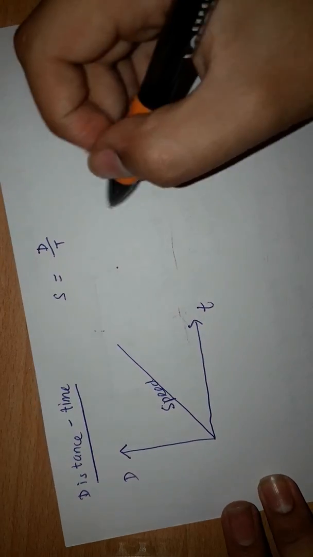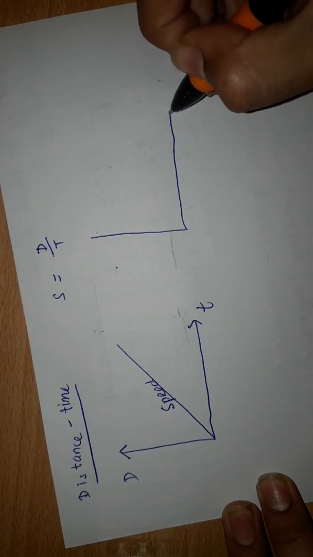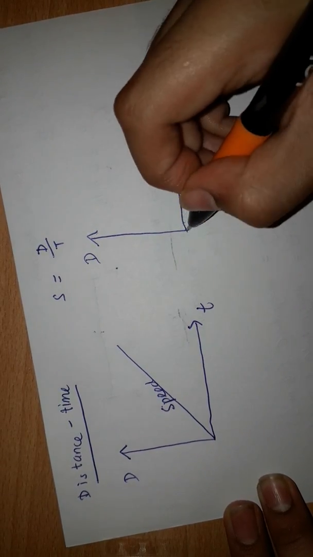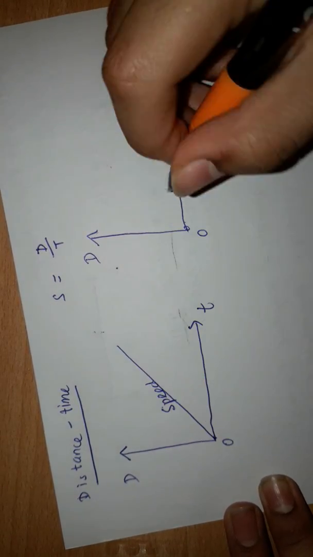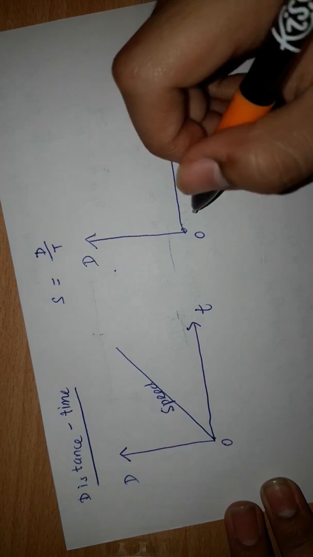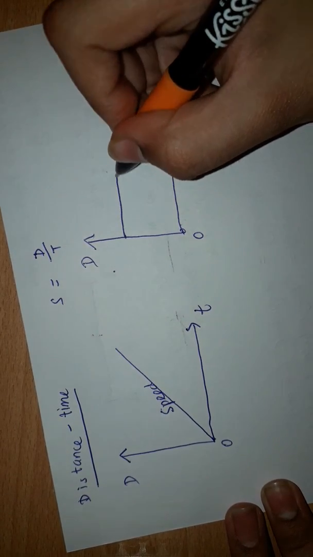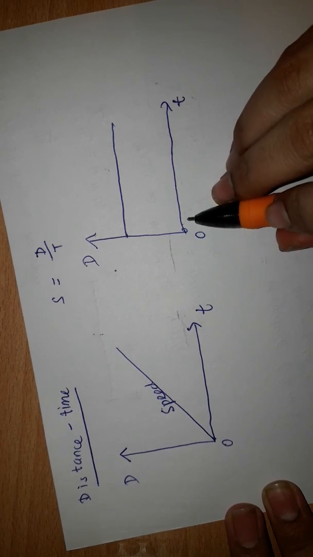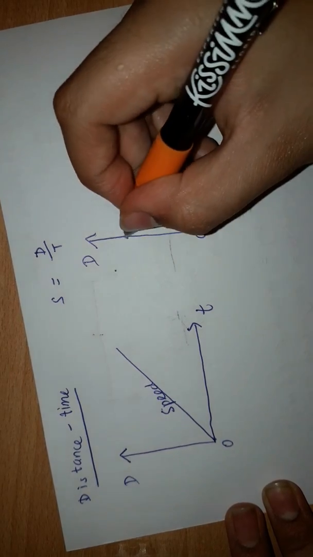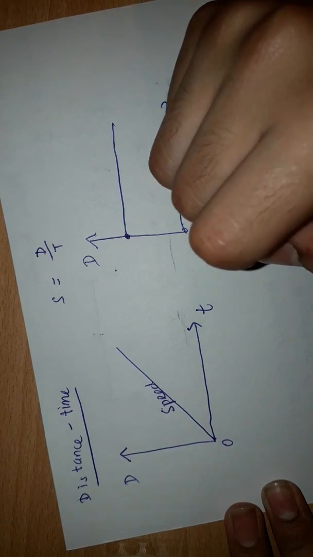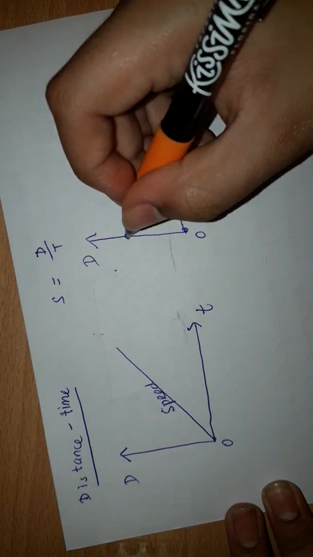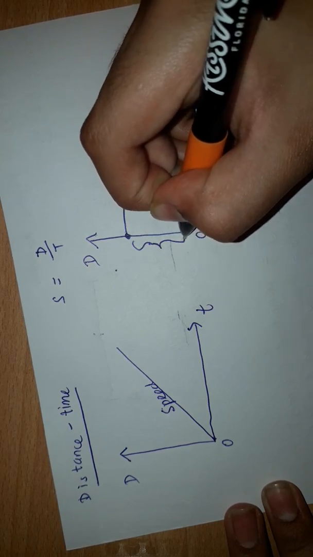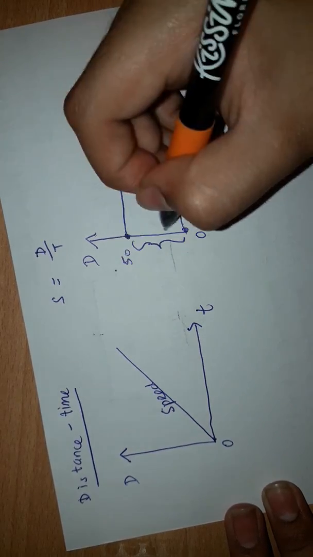Now another example: if I have a distance time graph, and this is my origin like always, and I have a straight horizontal line like that. What does this mean? This means that as my time is increasing, my distance on the y-axis is staying the same. Let's say this was 50.